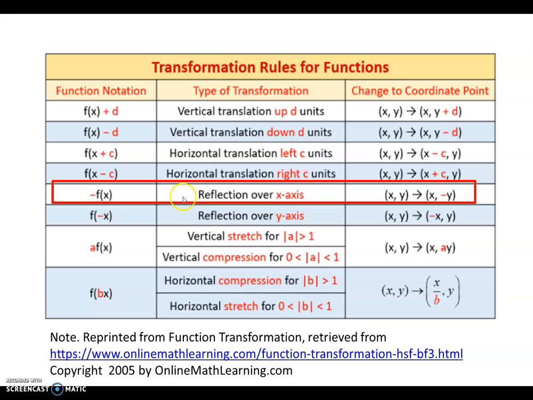So let me try to explain this one more time. Reflection over the x-axis is like the x-axis is your line, and your values are reflecting over that line. So reflecting about the x-axis means that your y values are the ones that are getting reflected.